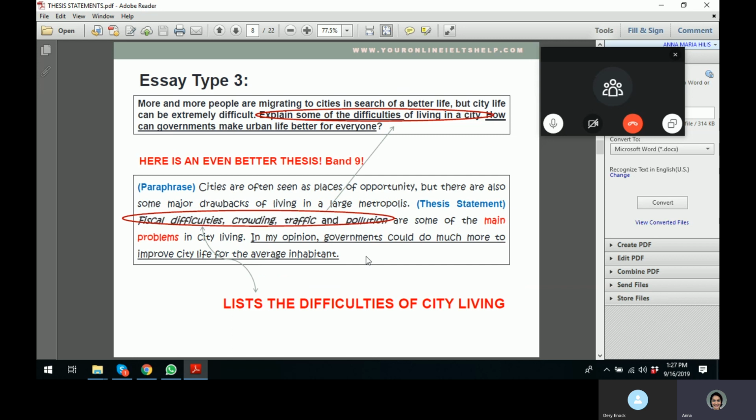I tried Googling myself, and I narrowed it down to only three. So fiscal difficulties would talk about economics, the economy of a city. Crowding, if you compare city, urban versus rural, city versus province, crowding is a big problem.